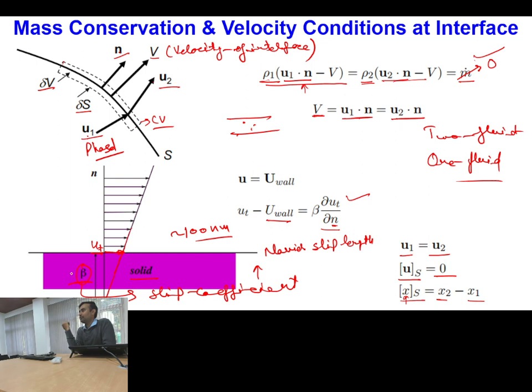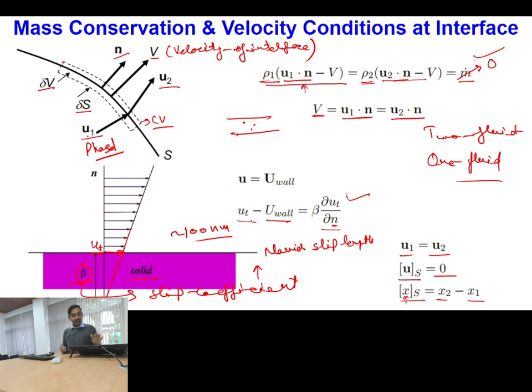Moreover, whenever the full-scale continuum is not applicable in certain areas where length scales are very small, you will find there is some relative motion between the wall and the fluid. If you have to specify that relative motion, then one has to define the value of the Navier slip length, and then this relation can be used to define the tangential velocity at the wall surface for a particular fluid.